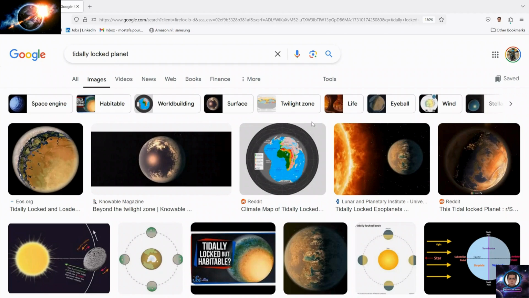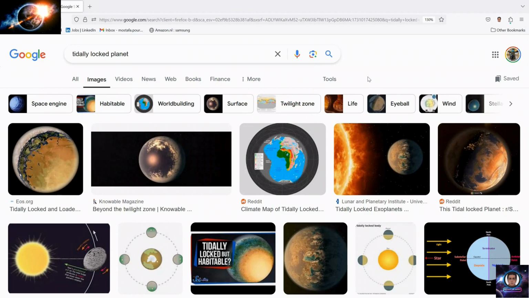Good afternoon. Today I was checking the different sorts of planets in the whole universe, and I saw, interestingly, that some of the planets in the universe are tidally locked planets, which means that one half of those planets is always facing their sun or star, and the other half is always against the star.